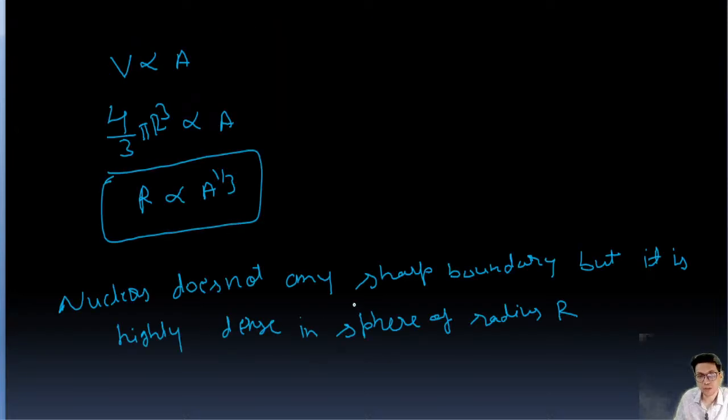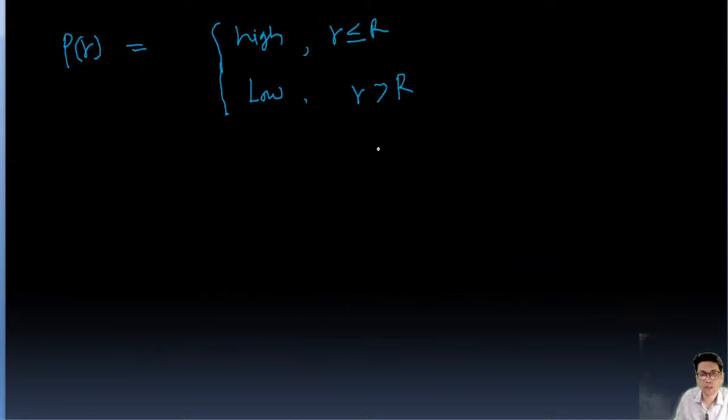Like this is a sphere, at this point it is highly dense, and after that the density is low.